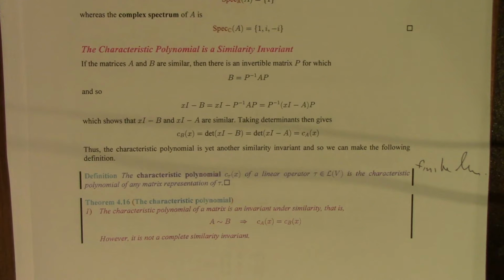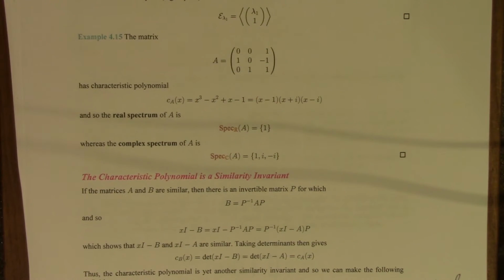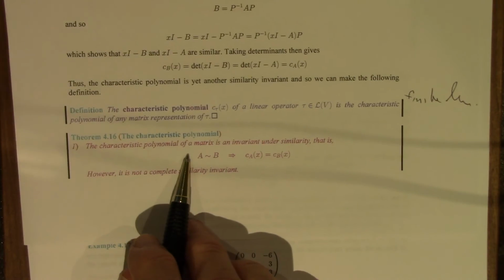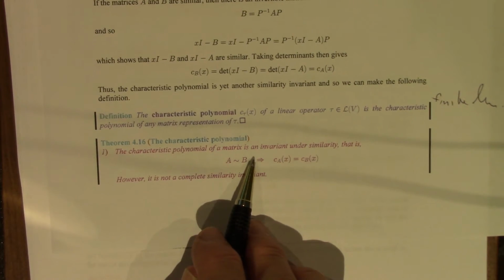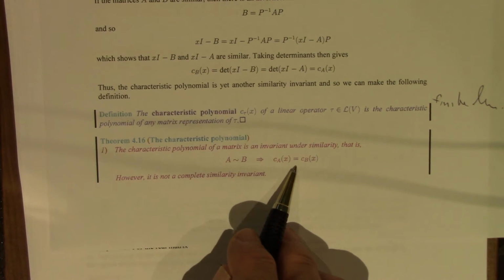I'm just looking back here to see if I should have said that this whole discussion concerns finite dimensional vector spaces. If we want to take the characteristic polynomial, we have to have a finite dimensional vector space. So the characteristic polynomial of a matrix is an invariant under similarity. Similar matrices have the same characteristic polynomial.